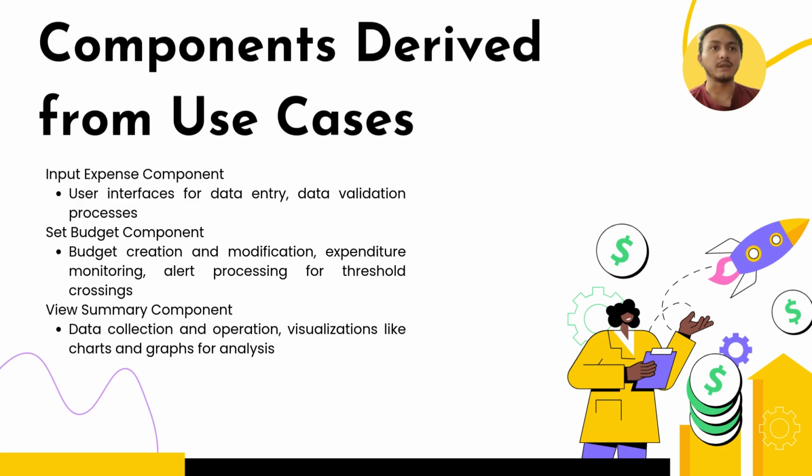And then the view summary component processes this data to generate insightful visualizations such as charts and graphs. This not only helps you to see your spending patterns but also aids in effectively planning your finances and seeing the full analysis of your financial tracking.